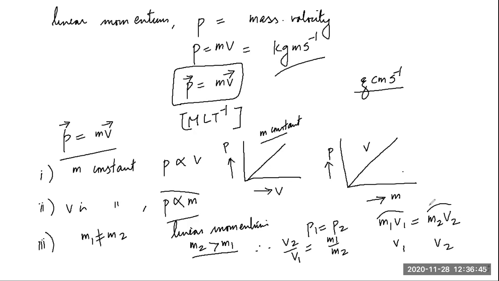Anyone? See, m1 v1 is equal to m2 v2. m2 is more than m1. If v2 is also more than v1, obviously this product will be more. So v2 would be less than v1. Am I right? So this is very important.